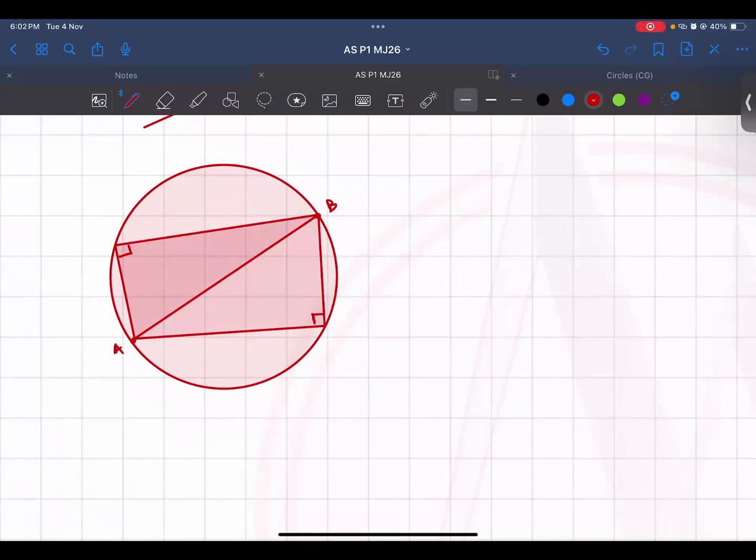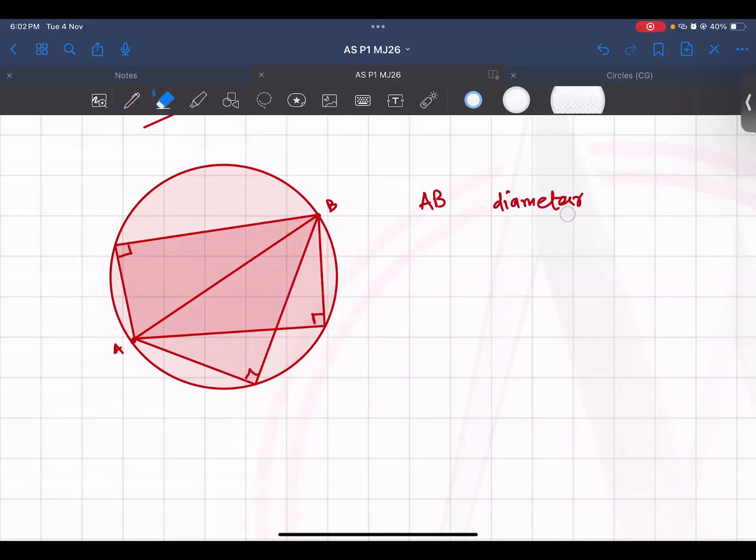This will also be 90. This will also be 90, something like this. AB is the diameter. So if your diameter is given, and if there's another point on the circle, if you join the diameter with that point, this angle would always be perpendicular.